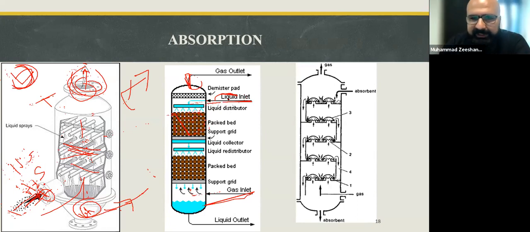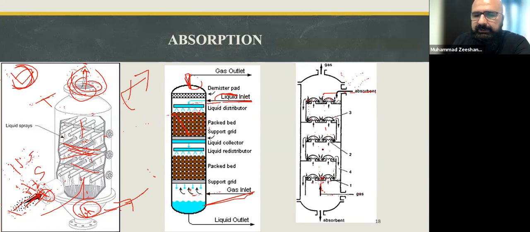for which this solvent was designed to absorb, right? And then yet another type of absorption column is the one in which we use plates, right? So there are different stages, and on these plates, the gas again moves from bottom to top, the liquid moves from top to bottom. They travel in opposite direction, and while traveling in opposite direction, they make contact with each other, right?